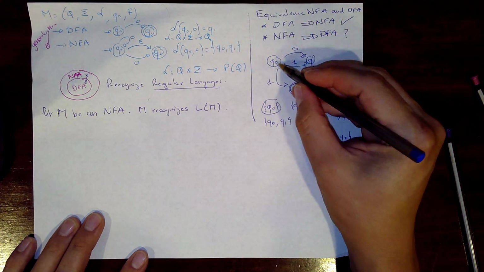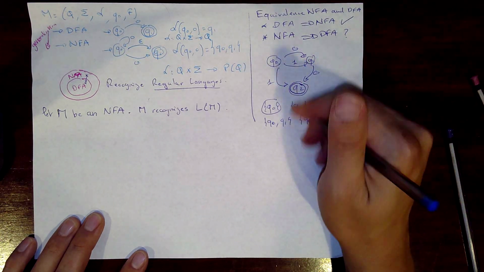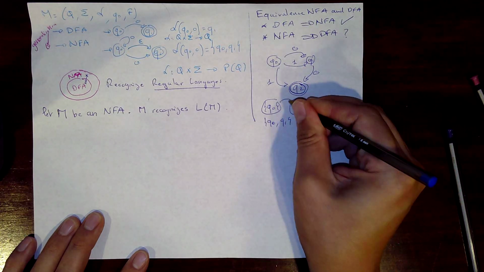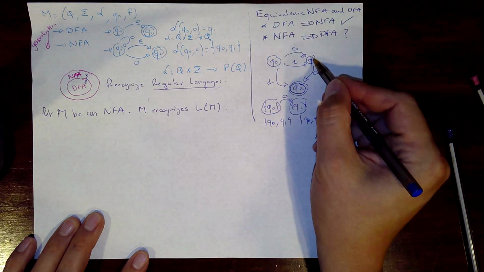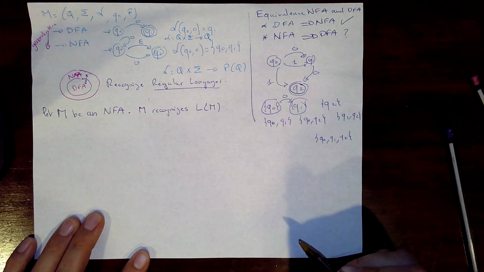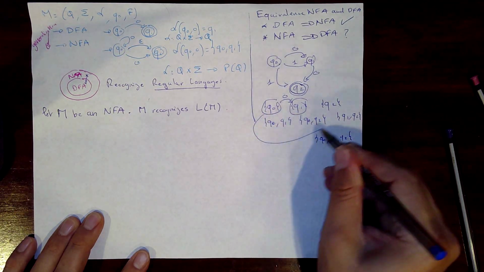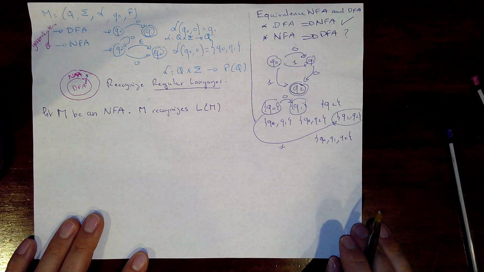Okay, so if I take Q0 and I look from Q0 with 0, where can I go? I can go only to Q1. Okay, so you're going to have here 0. From Q0 with 1, I can go to Q1 and Q2.